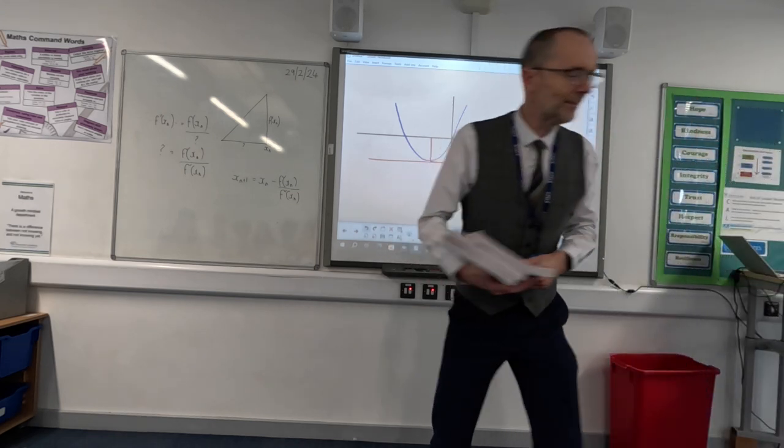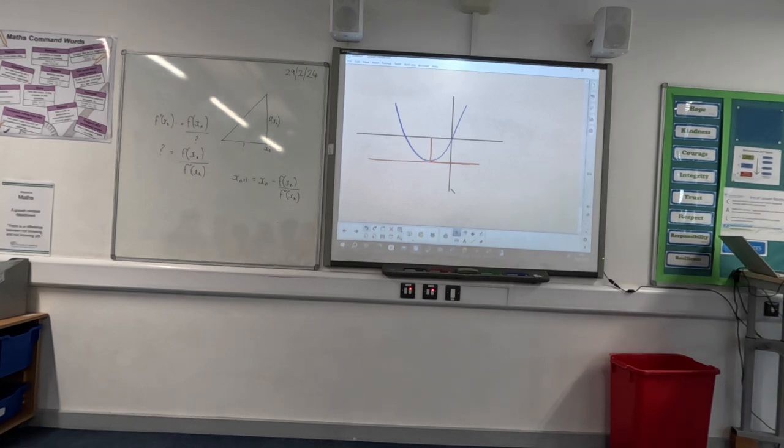We'll do the worked example together, and then I'll get you to do some individual ones on the board. Example 6 on page 283.